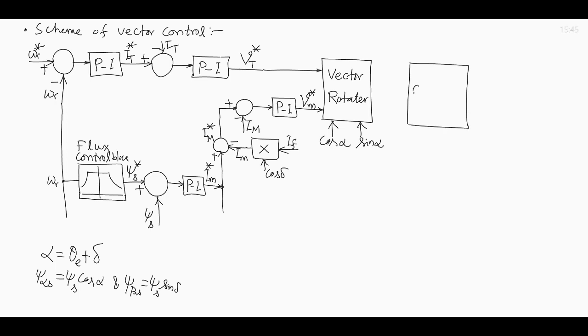So, we have a cycloconverter which takes 3-phase supply and is controlled by its control circuit using VA star, VB star and VC star, the 3-phase command voltages, which are generated by the vector rotator from Vt star and Vm star using cos alpha and sin alpha unit vector.